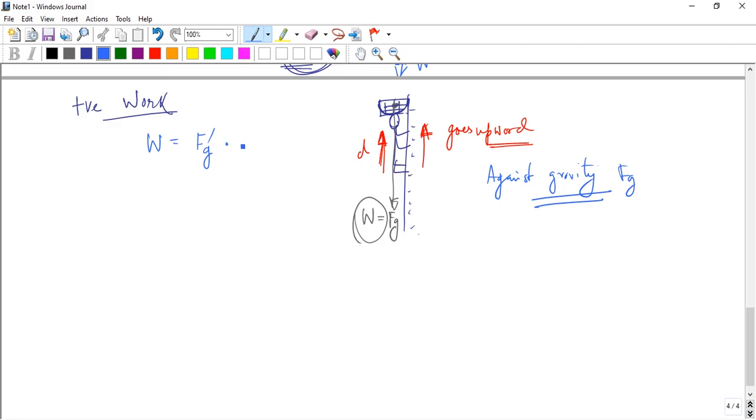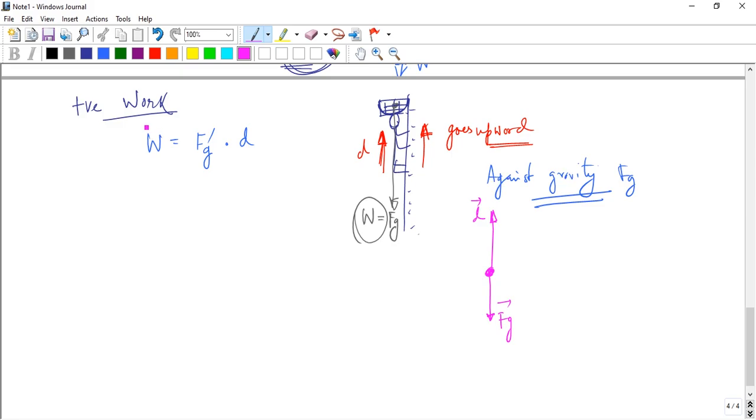Fg is downward and the body is displaced d upward. So if the force Fg is downward, but the person applies a huge force against the gravity and goes upward, the displacement is upward while the gravitation force is downward.